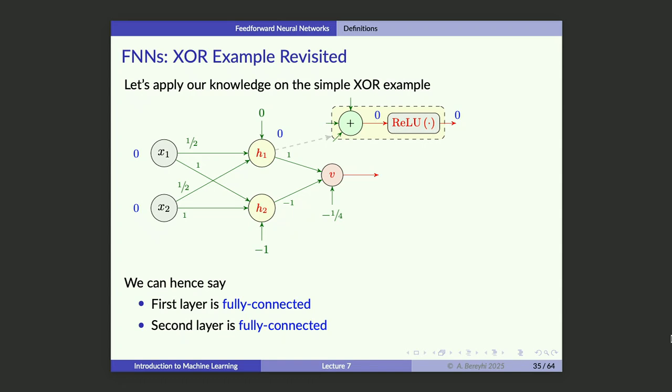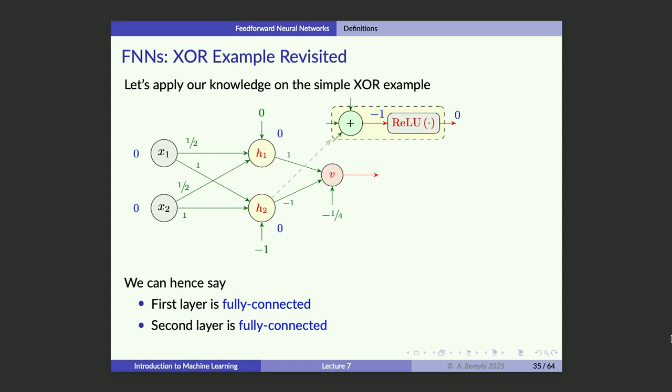What about the next guy? Let's look at the next guy. If I pass 0, 0, what is the weight corresponding to X1? Everybody? 1, right? What is the weight corresponding to X2? It's again 1, right?